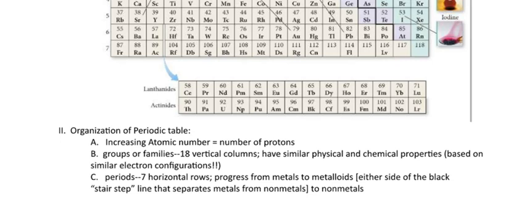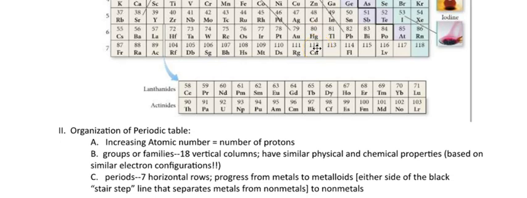Once Moseley came along and showed that the periodic table, as Mendeleev put it, is correct based on increasing number of protons, what else does Moseley do for this? How do I know there isn't a gap, let's say, between mercury and thallium? How do I know there isn't a missing element we just haven't discovered yet? It's because of the number of protons.